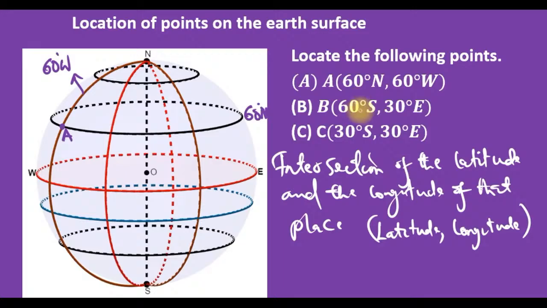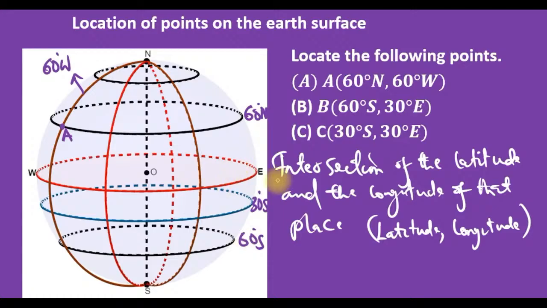Coming to B, 60 south. Let me take this as 30 and this as 60. It must increase downwards. So I've located my 60 south. Remember, up is north, down is south. Now 30 east.